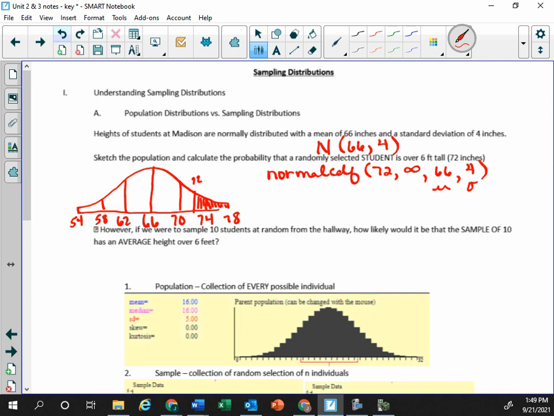And what'd you guys get? Like 0.067? Yeah. So that means there's about, and I'm going to say 6.7%. You could say 7%, that's fine.